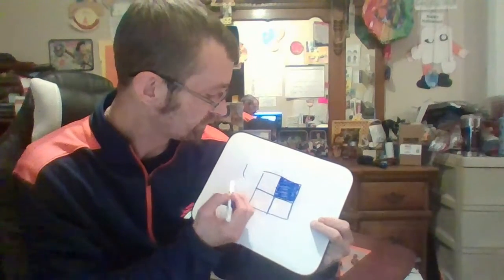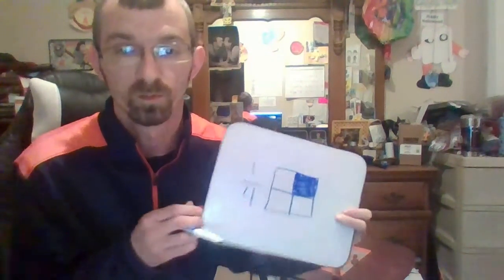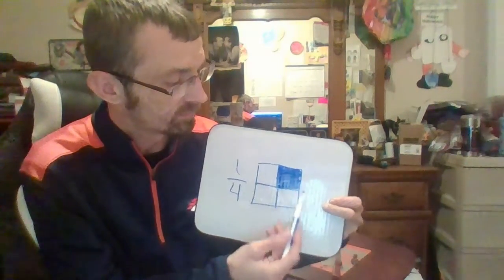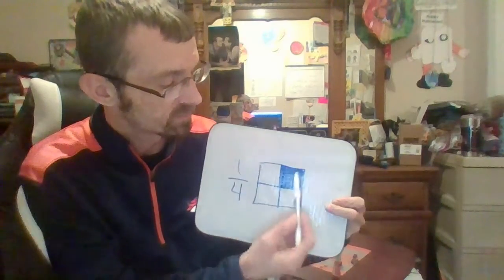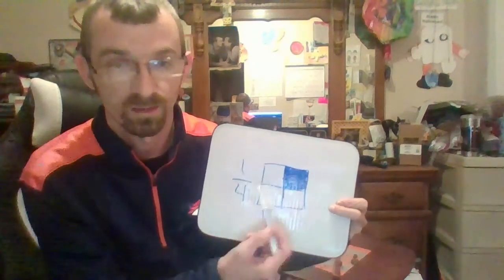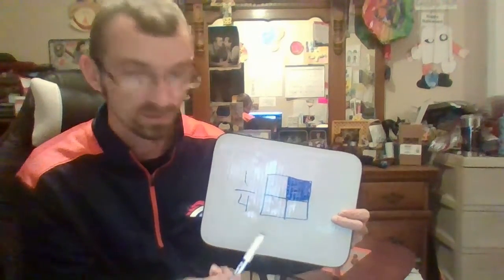So we would have 1/4, because there is one part of the whole square shaded in, and there are 4 parts of that whole. So the 4 is on the bottom and the 1 is on the top.